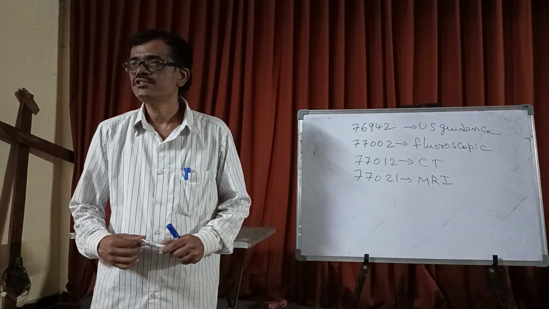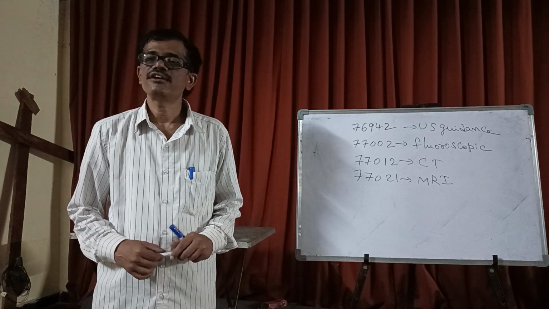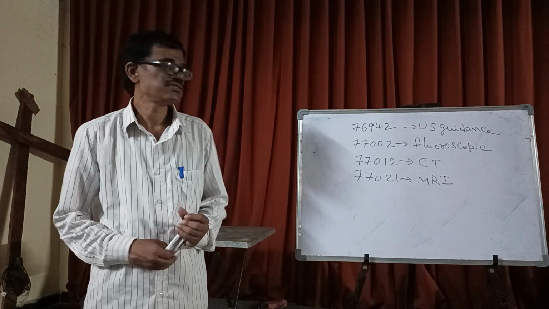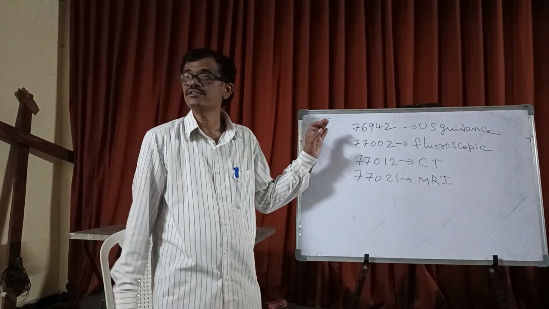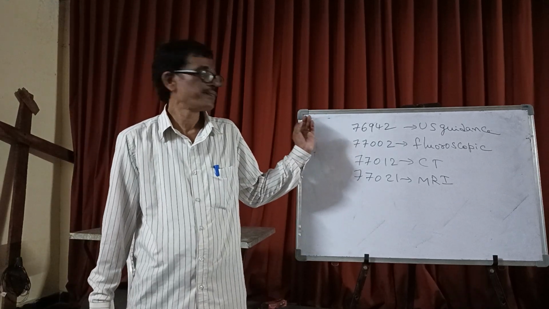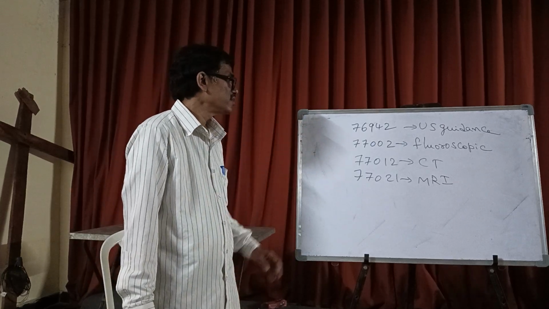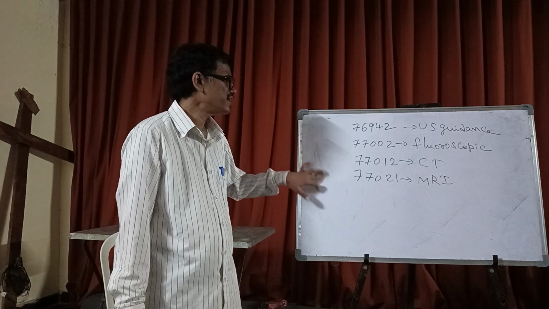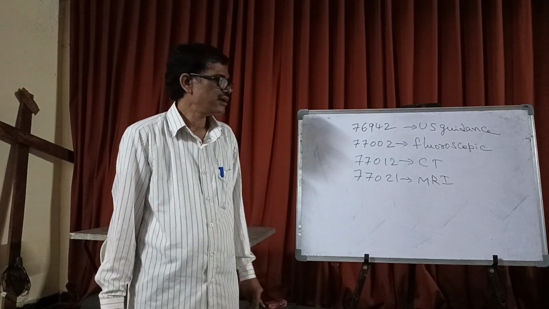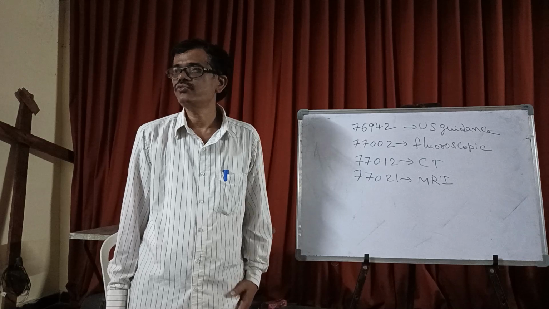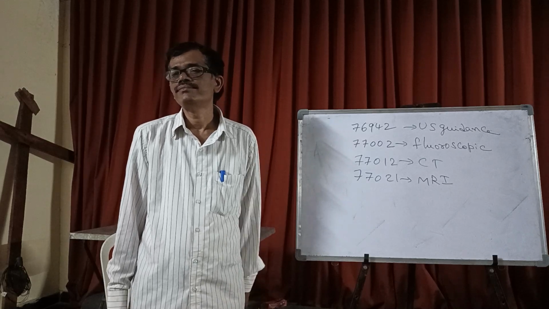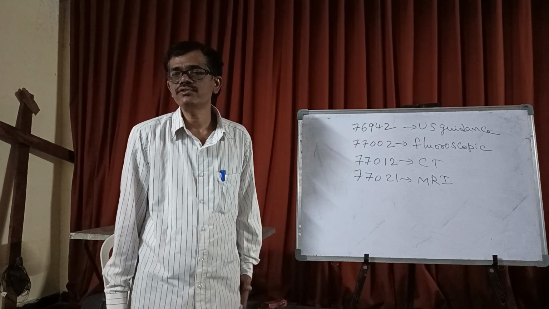Highlight the 4 numbers, they are important for us. There are 4 different guidance procedures. What are they? Ultrasound is 76942, fluoroscopy is 77002, CT, computed tomography, is 77012, and MRI is 77021. MRI is what? 77021.